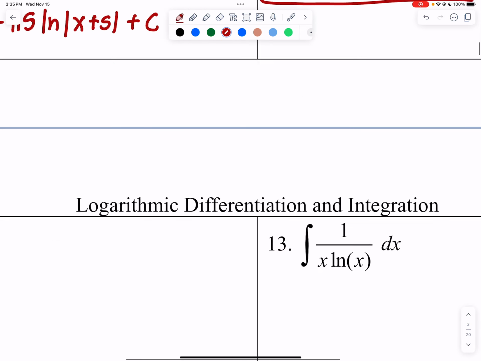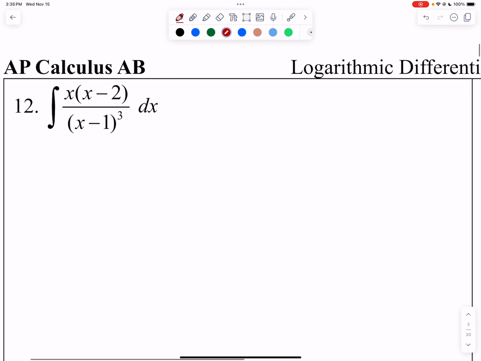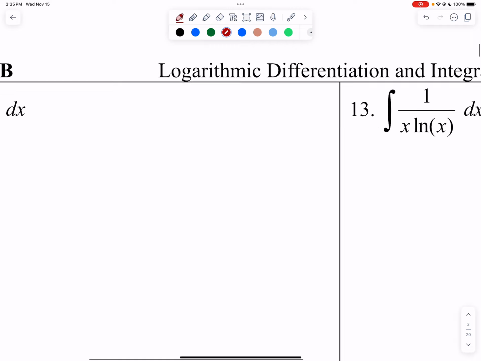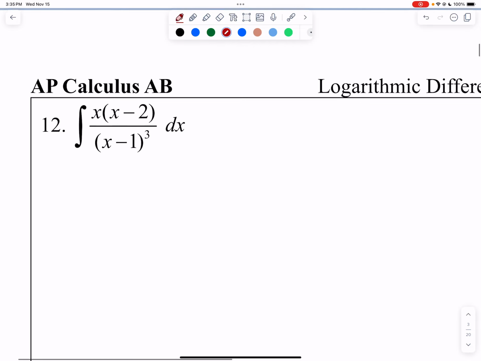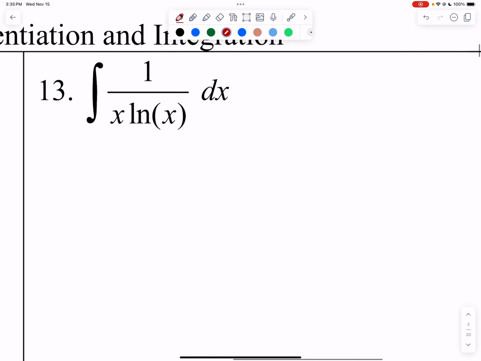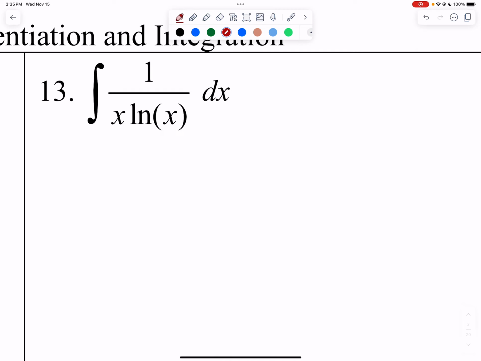Right, I'm going to skip 13 for a bit, but let's move on to, not 13, 12. I'm going to move on to 13. This one right here. Yes, I did say to choose u to be the denominator, and most of the time it will work.